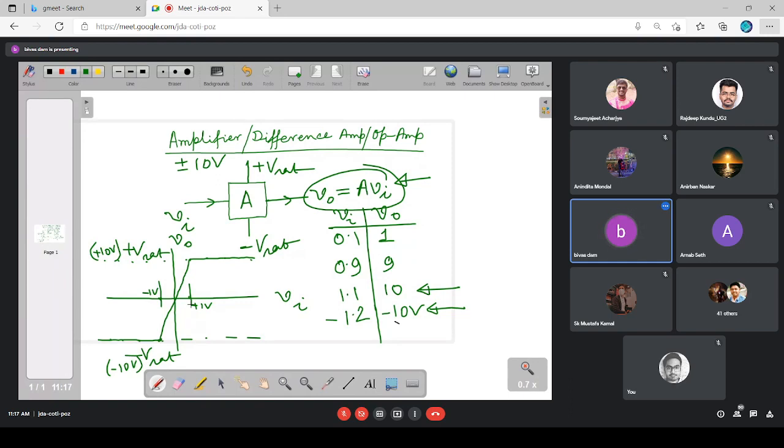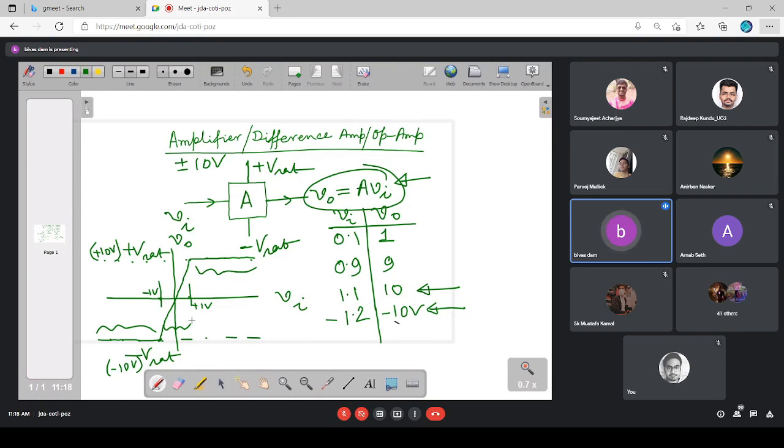In this region or in this region, will this circuit operate as an amplifier? No, sir. It will operate as an amplifier only in this region. So to have amplifier action, I must ensure that the input voltage is chosen in such a manner that the amplifier is operating in the linear region.